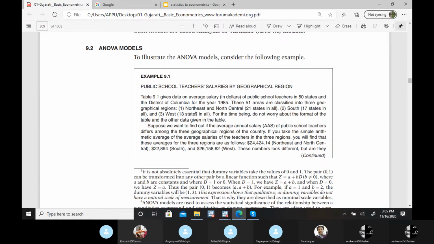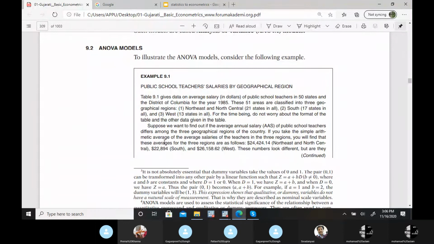In this case, there are 3 categories: northeast and north central, south and west. I think this data set is from the USA. Yes, they have 50 states, so they divided them into these 3 categories.